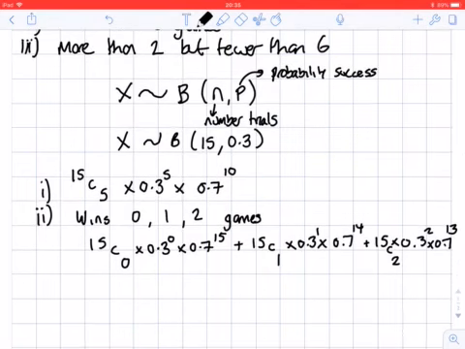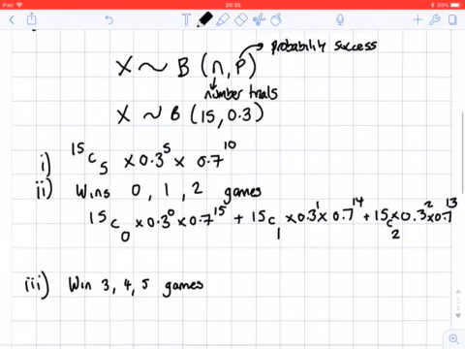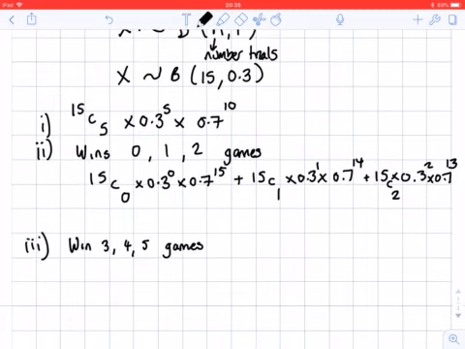And then the final one, more than 2 but fewer than 6. So more than 2 but fewer than 6. So in other words, that would be him winning 3 or 4 or 5 games. So again, we know our probabilities and our trials. So winning 3 games would be how many ways on your branches where there would be 3 wins from the 15 goes, times 0.3 to the power 3 times 0.7 to the power 12.